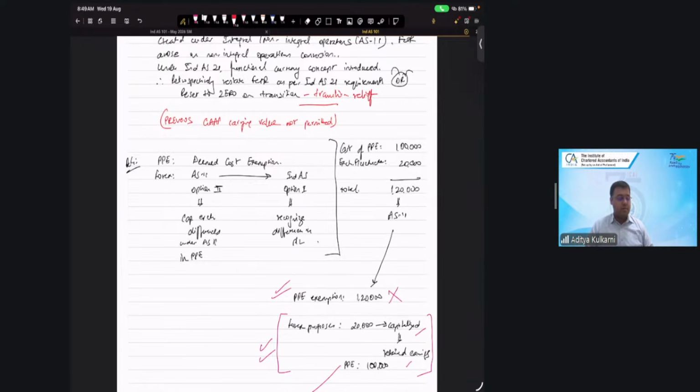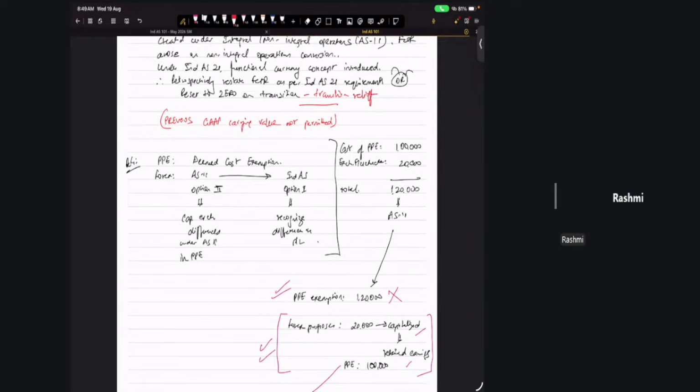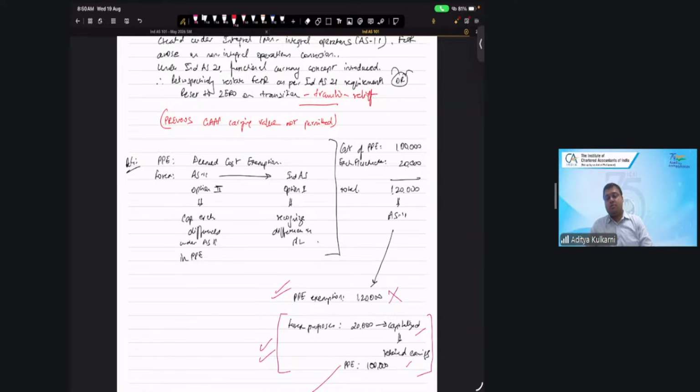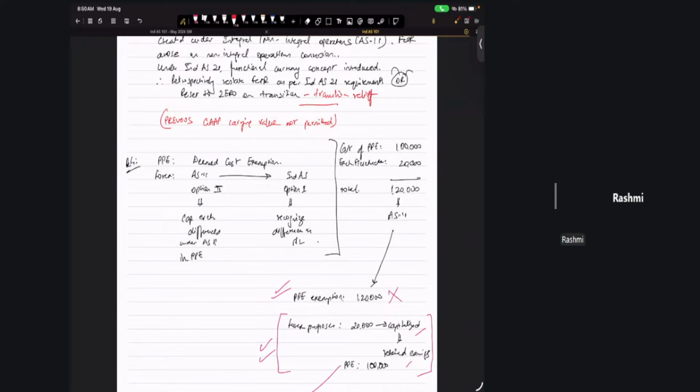Is it okay? Yes, sir. That will become the deemed cost. And if you continue that deemed cost in the future, it means you are doing a cost model only. Did you understand? Yes, sir.